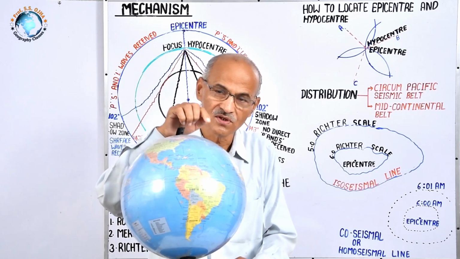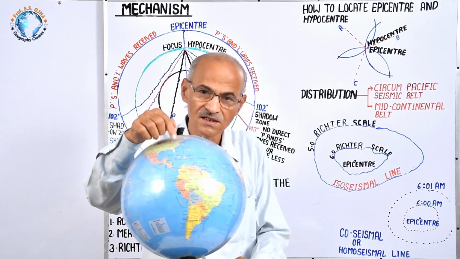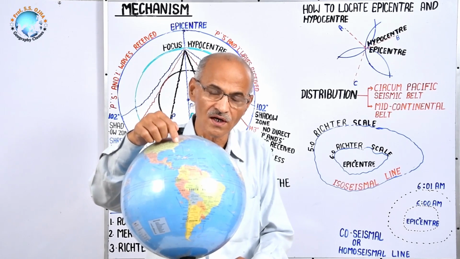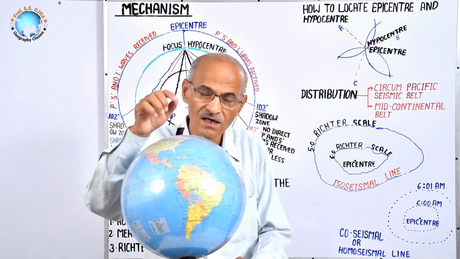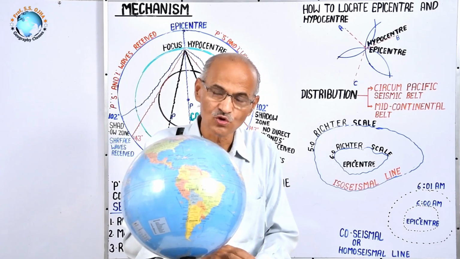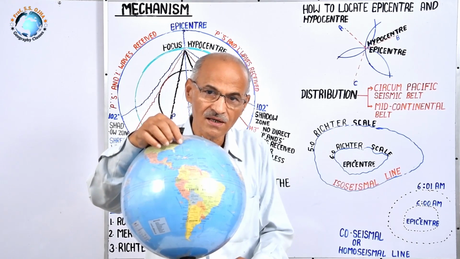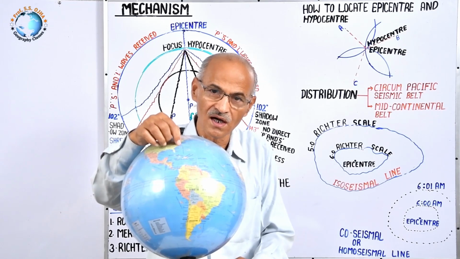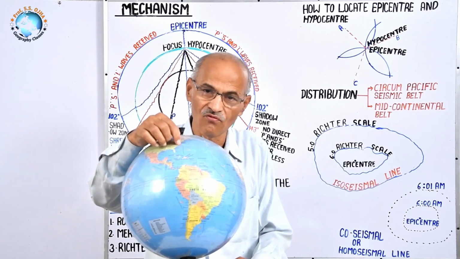When S waves reach seismological station number 1, the arrival time will be noted. So, the arrival times of P and S waves have been noted by the seismograph at station number 1.